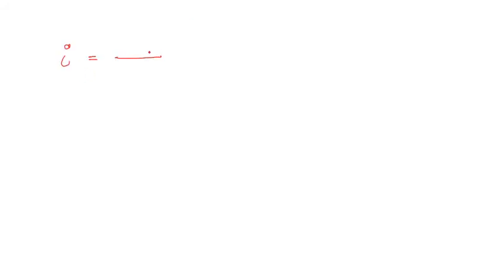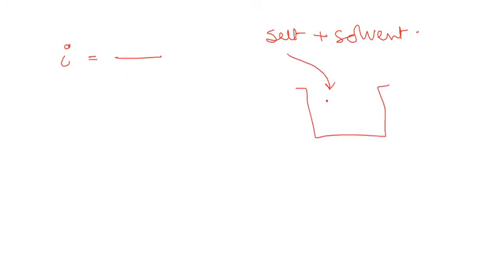a solution which was supposed to boil, after adding, let's say, a salt in a solvent, at 100 degrees Celsius. But what did we see? It didn't boil at 100 degrees Celsius, but rather it boiled at a much higher temperature.